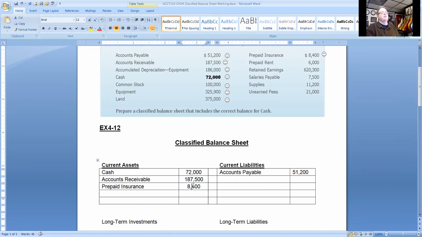So you actually can turn that into cash sometime. Okay. Prepaid rent, same thing. Anything that's prepaid is going to be with the current assets.